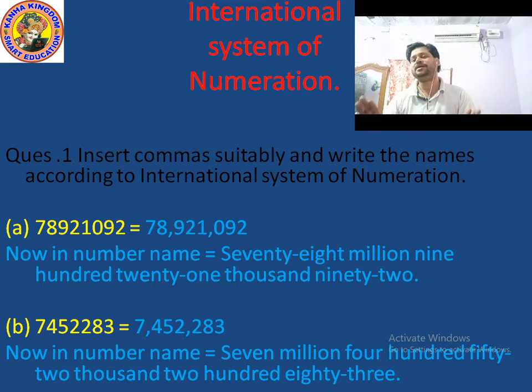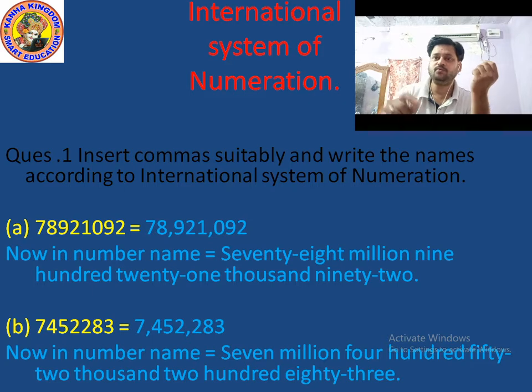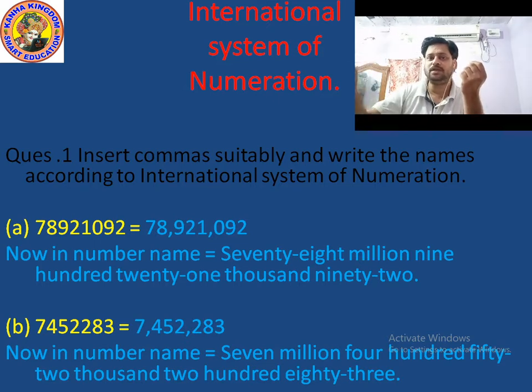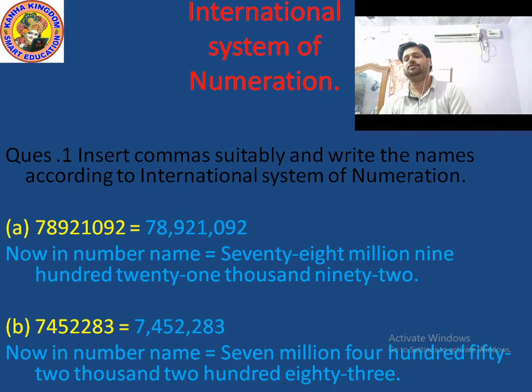Understand? And after inserting the comma, you can read very easily. See, where is 7? 7 in millions period, or in millions place value. So 7 million. Clear? 7 million. 452 means 452,000, and 283.